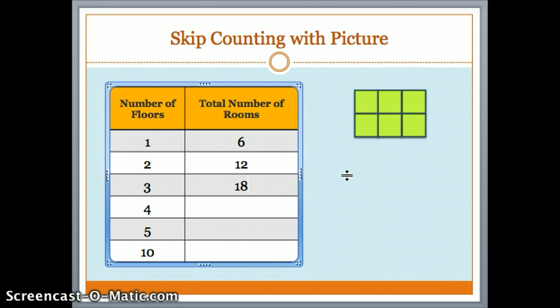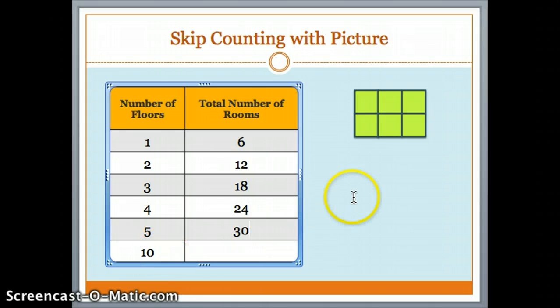Let's keep going for the fourth floor. 19, 20, 21, 22, 23, 24. 25, 26, 27, 28, 29, 30. I'm going to stop right here because if I look at my table, I notice that we're on the 5th floor and then we skip to the 10th.